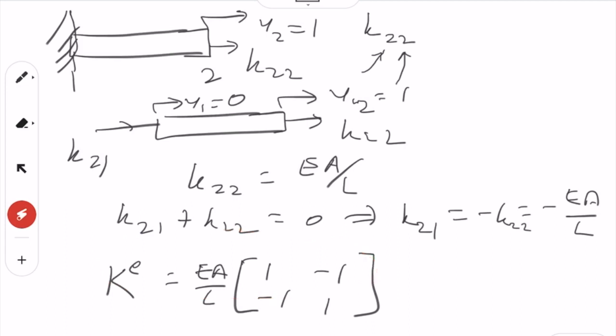Now you can look at this as forces required for the unit displacement, and it actually makes sense if you see that earlier when you had a spring and you said what is the spring stiffness, and what you said?